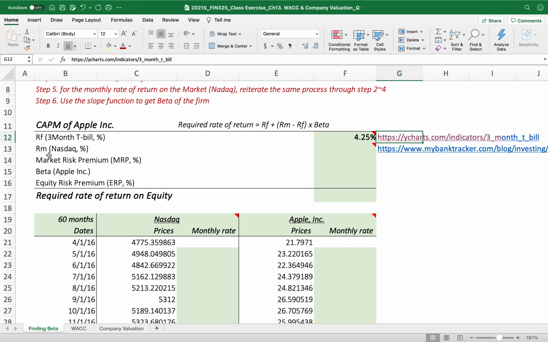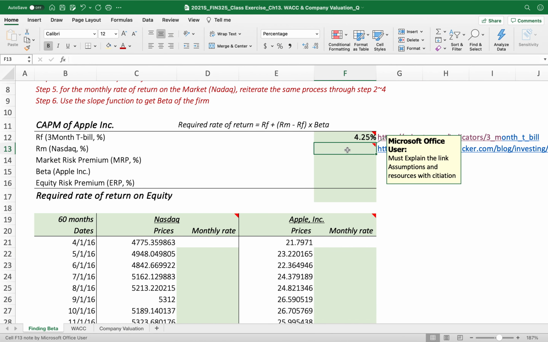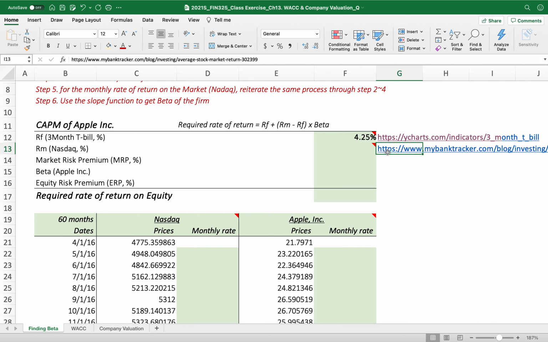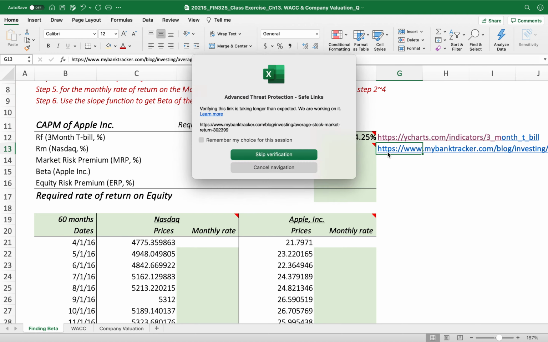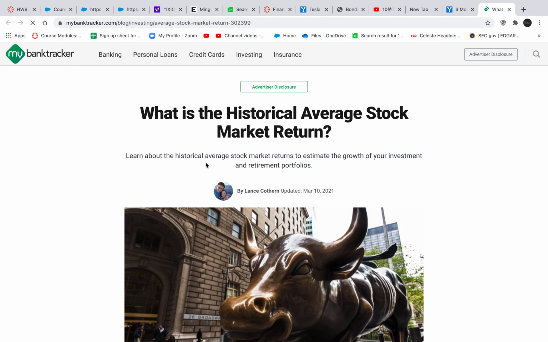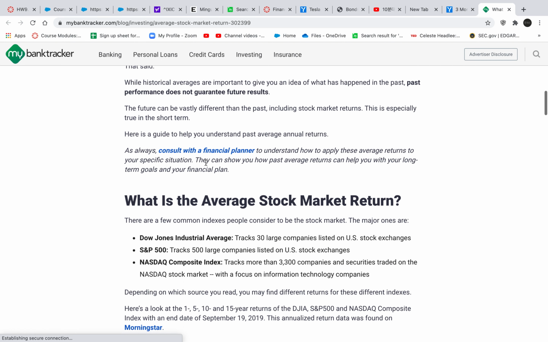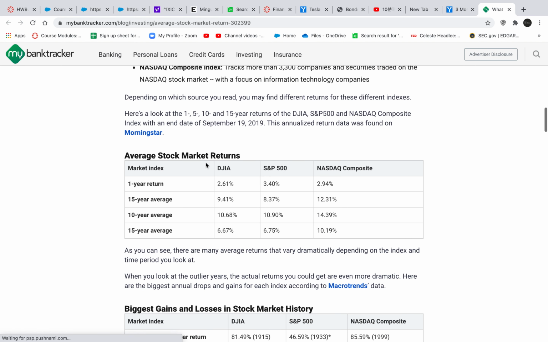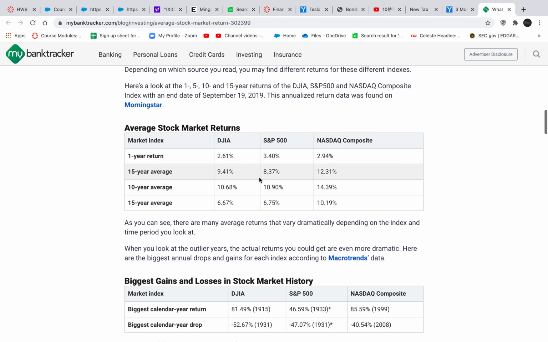Okay, and then RM. Now the RM is Nasdaq. We can just find it on any website. I also found the Nasdaq composite, where I use the 15-year average that covers the business cycle of an economy. So 10.19%.